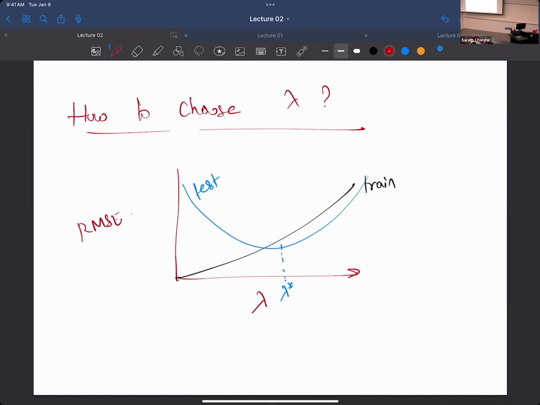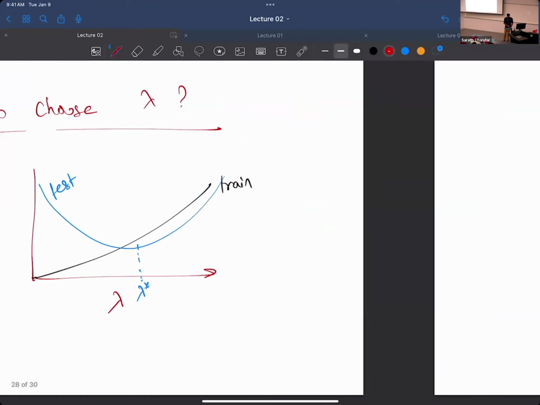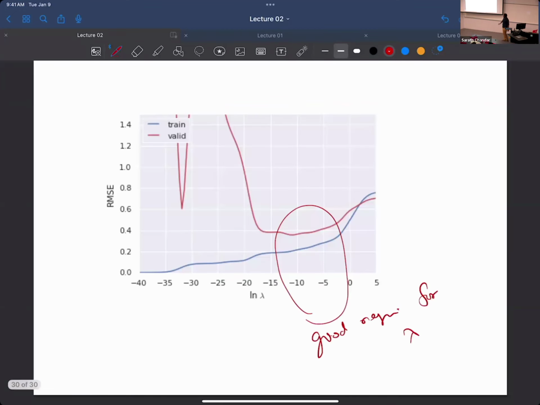But this is just a theoretical curve, okay? It doesn't always look like a U curve. For example, in this example, it doesn't look like a U curve, right? It's approximately U. By U, I mean there is some high value on the left side, some high value on the right side, and there is a sweet spot in between. Is that clear? Any questions so far?